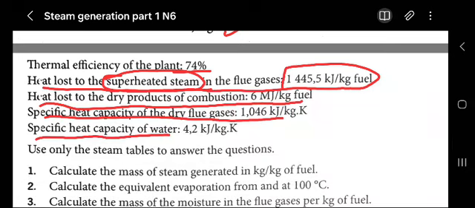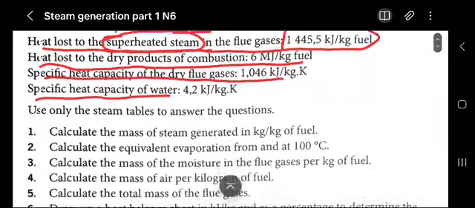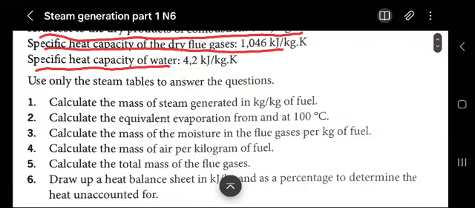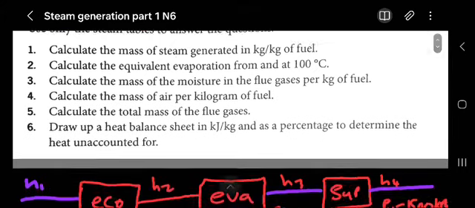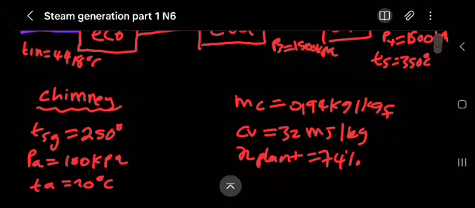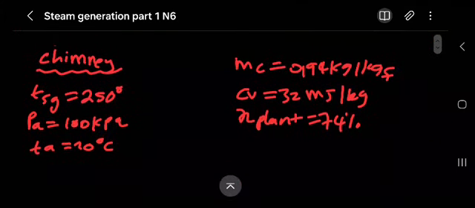What is superheated steam? That's in the flue gases. Talking about the heat of the moisture there, guys.